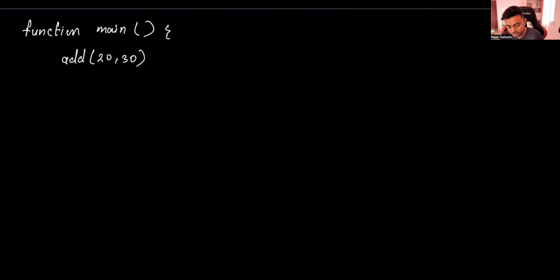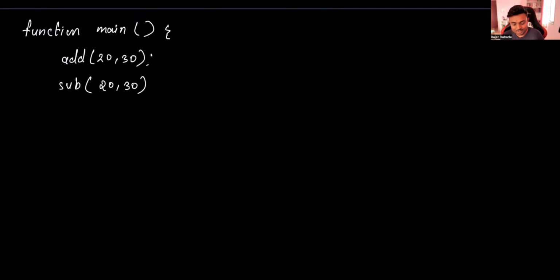So whenever we are writing a function, let's say I'm writing a function main, and I'm just giving an example of blocking code, which is synchronous code. We will have an add function which will add 20 and 30, and a subtract of 20 and 30.